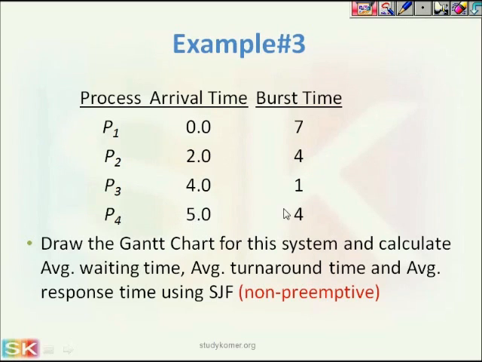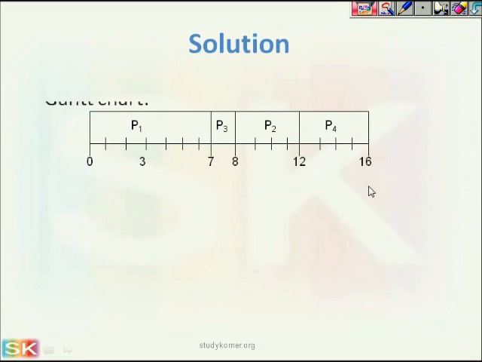So at the 7th second you have P2, P3 and P4 with you, right? Now you compare the smallest burst time among these processes. Among P2, P3, P4, P3 has the smallest burst time of 1 second. So now P3 will be executed.